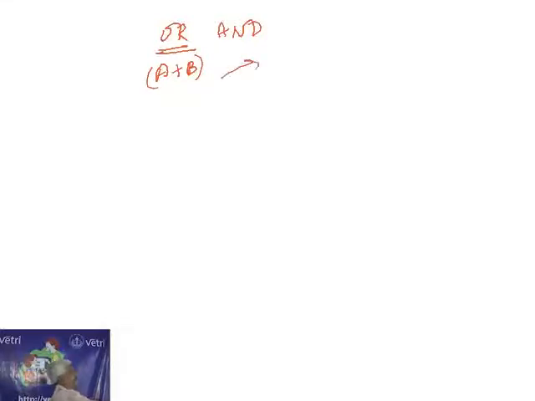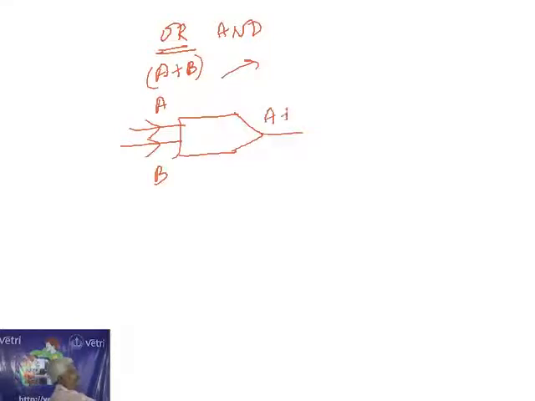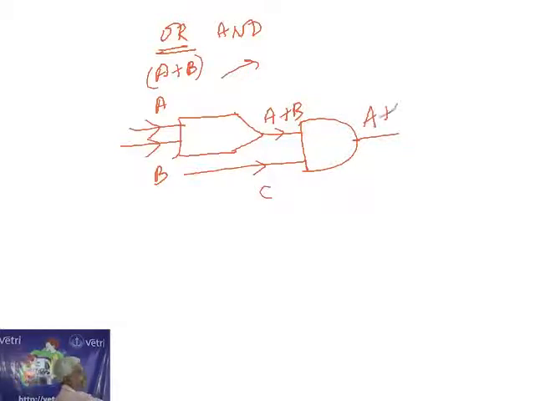For example, if I take an OR gate with inputs A and B, the output is A plus B. This goes to an AND gate, and I take one more input, C. So here we have two inputs, A plus B and C, and we get A plus B into C. This is called the OR AND combination. First we add the two numbers and then multiply with one more number in the AND gate.